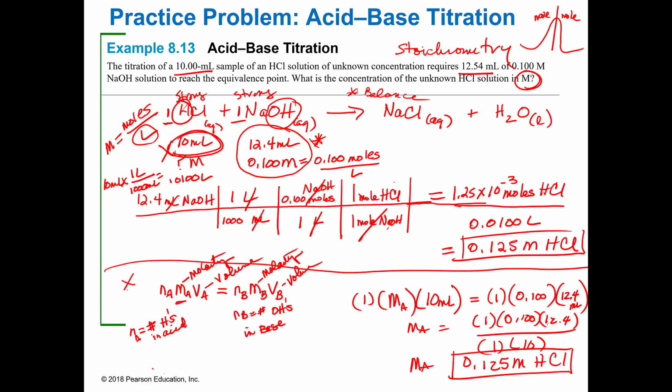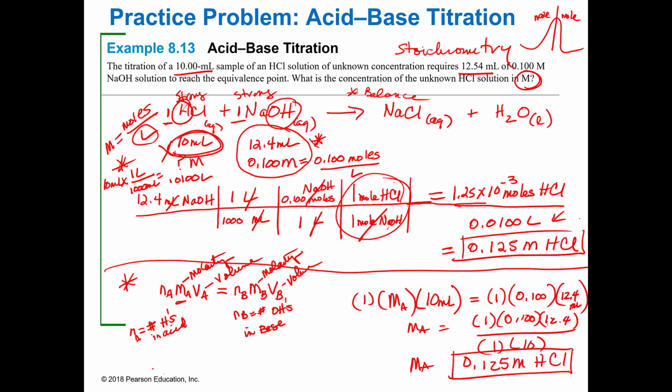So you can do it this way or you can do it this way. Either way works. Okay. The first way, you need to balance that chemical equation so that you can get the molar ratio like you always use in a stoichiometry problem, and then you divide by the original volume in liters of the acid.